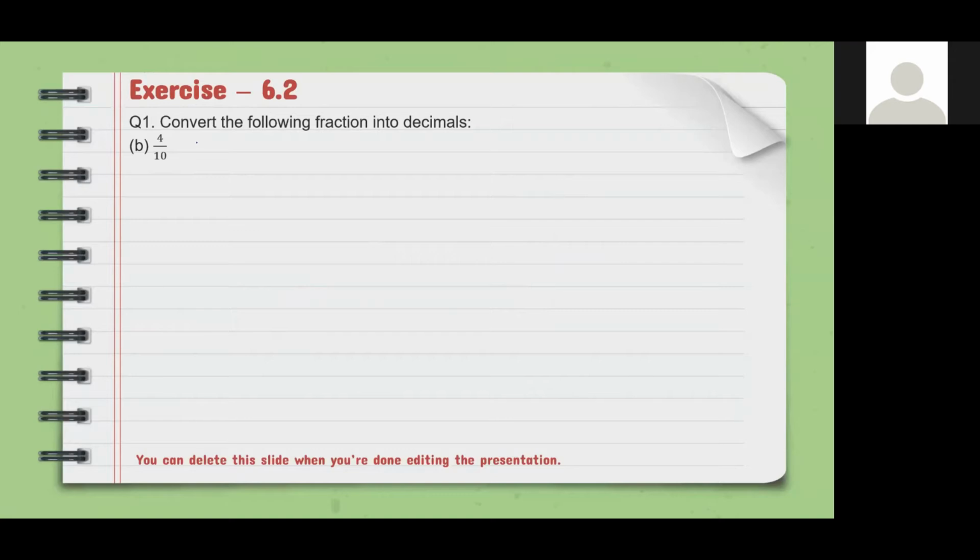Sir, the answer will be 0.4. See, because here in the denominator there is 10, so after the decimal point, 1 digit should come. So 0.4 is the answer.